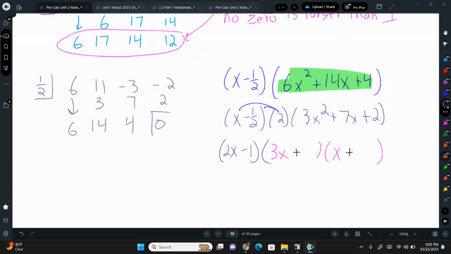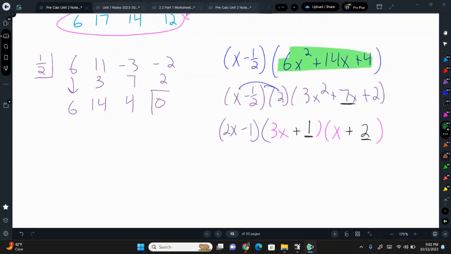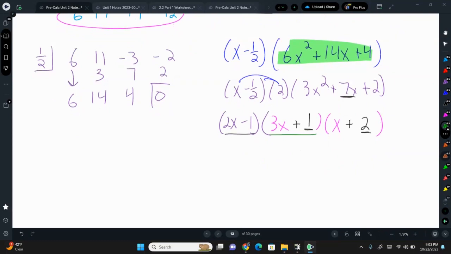So the only real question is, does a 1 go there or does a 2 go there? And then when we guess and check, we have to make sure to get 7x. So it's going to be a 1 here and a 2, because when I multiply that out, I will get 7x.